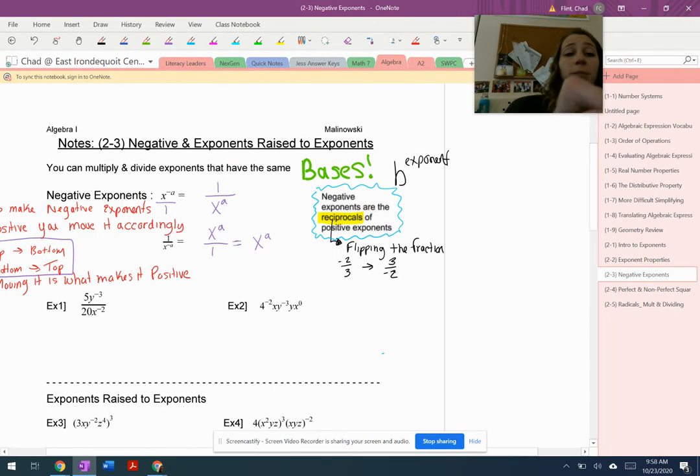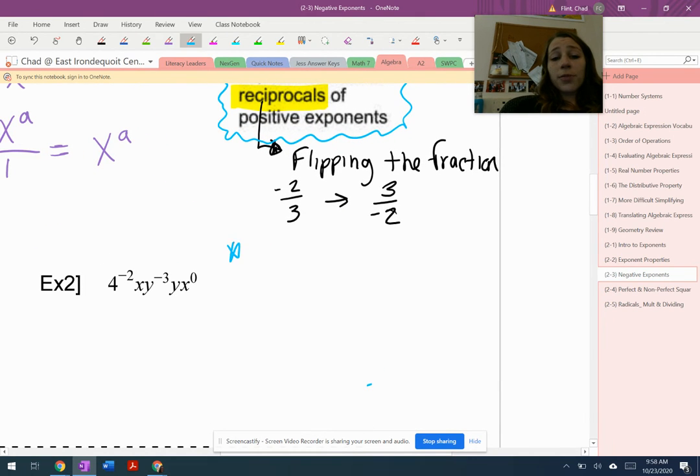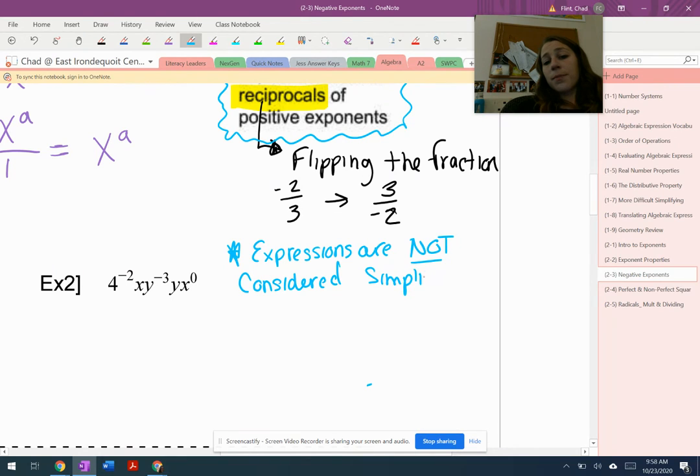One last thing we want to keep in mind, when you are doing these problems, the directions are going to tell you to simplify. And it's important to realize that expressions are not considered simplified if there are negative exponents.